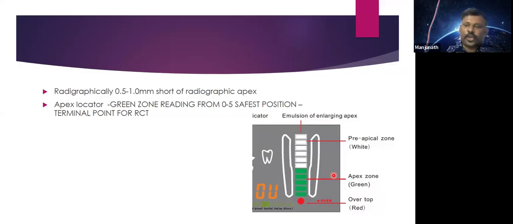Red mark means it is going beyond the apical foramen. Yellow or white above green means it is away from the apex or the apical constriction. So green zone is the safest zone. When using an apex locator, always prefer the green zone. Radiographic 0.5 to 1 millimeter short of the radiographic apex.